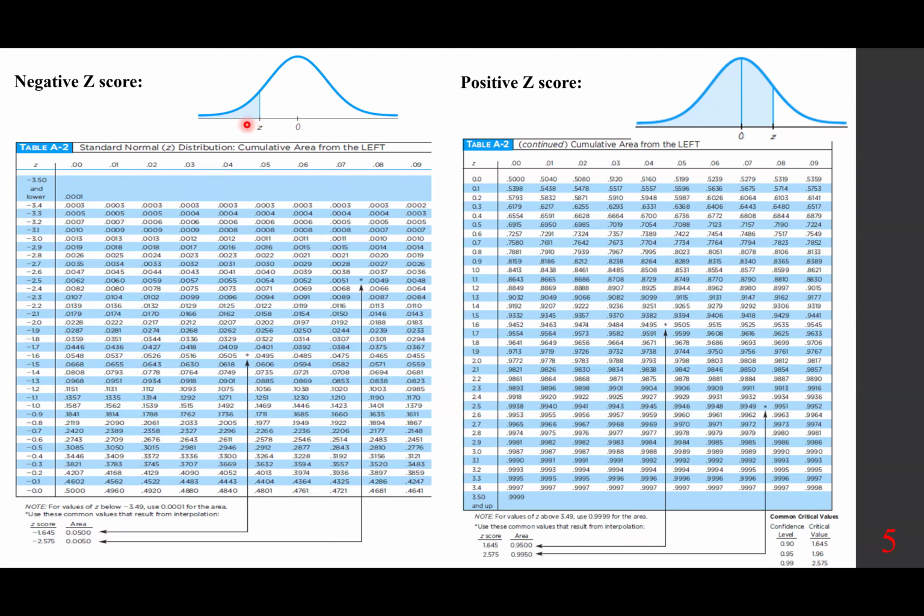To the left of 0 are negative z-scores. To the right are positive z-scores. And the concept of symmetry helps understanding. There are certain values that are important. For example, inside we have the area under the curve, whereas this is the z-score.